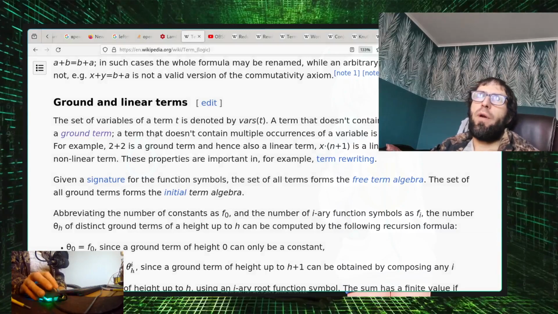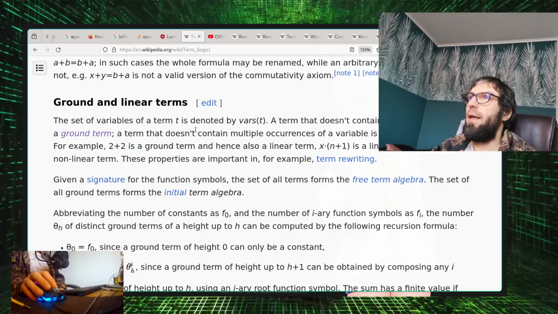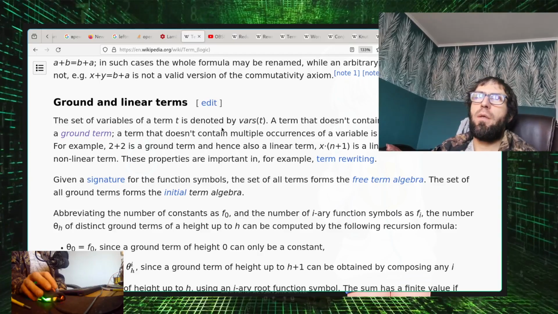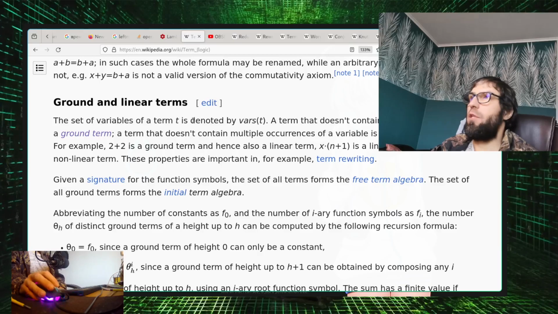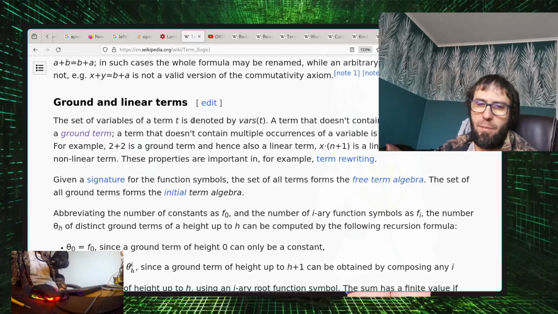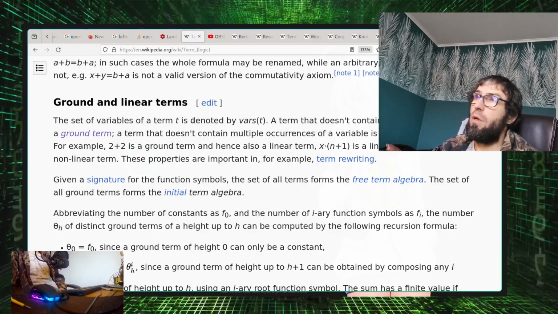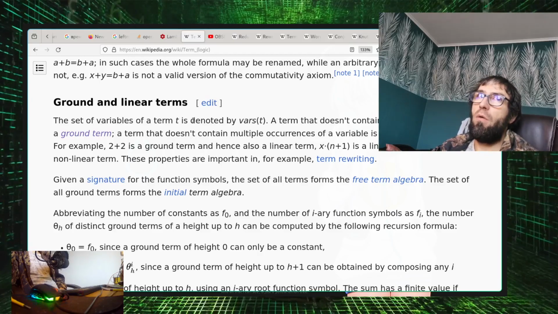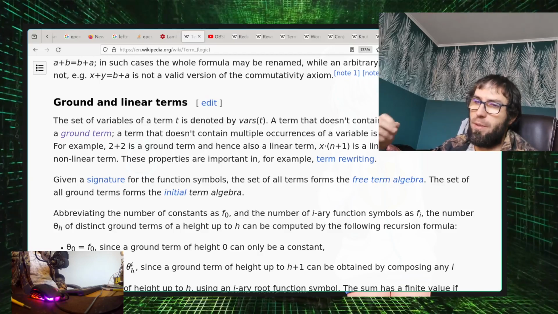The set of variables of term t is denoted as vars(t). So if we take some term and put it into this function, it provides a set of all the variables which are present in this term.